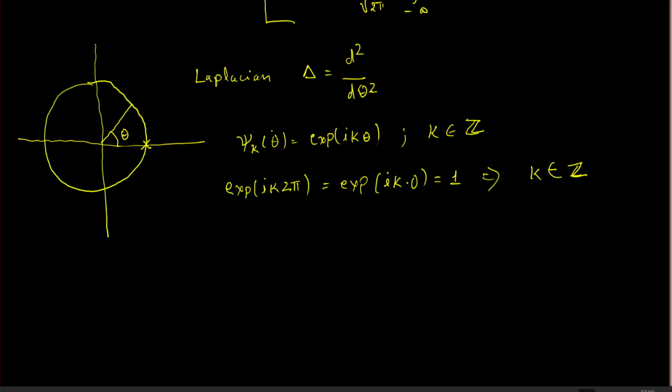So our eigenfunctions of the Laplacian operator for the case of a circle are of the form exponential i k theta, where k has to be an integer. Now if f is a twice differentiable, well-behaved function on the circle, because these eigenfunctions form a complete basis, we can expand such a function in terms of them.